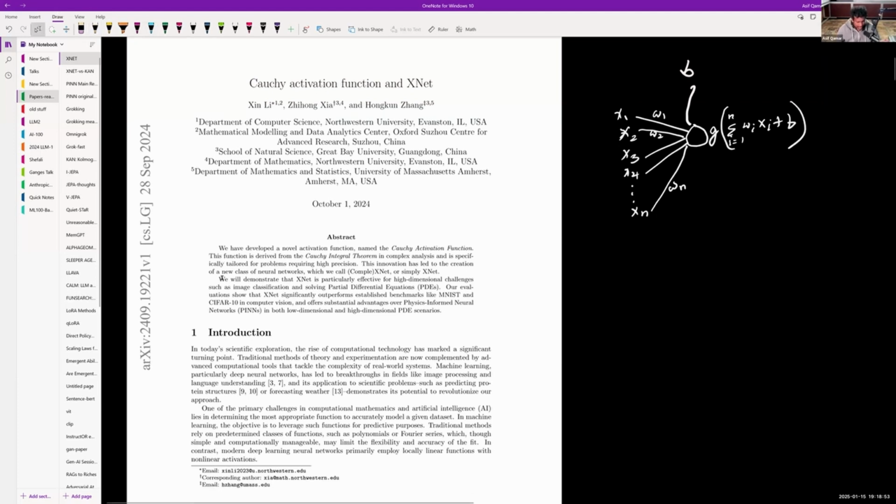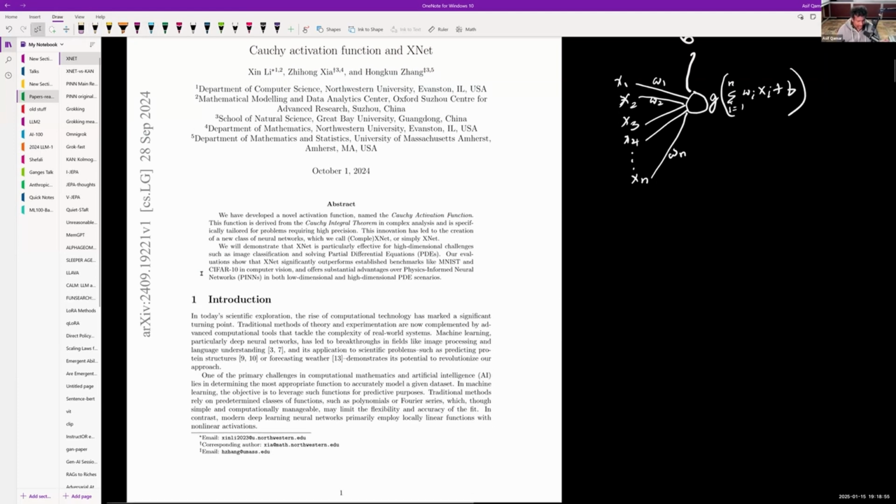So the abstract says we have developed a novel activation function named the Cauchy activation function. This function is derived from the Cauchy integral theorem in complex analysis and is specifically tailored for problems requiring high precision. This innovation has led to the creation of a new class of neural networks, which we call XNet.